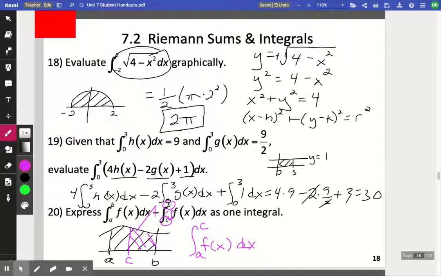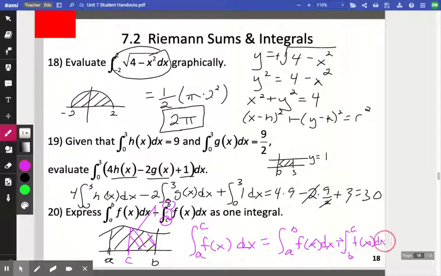That means I would have the integral from a to b of f of x dx plus, because we changed the sign, the integral from b to c of f of x dx.